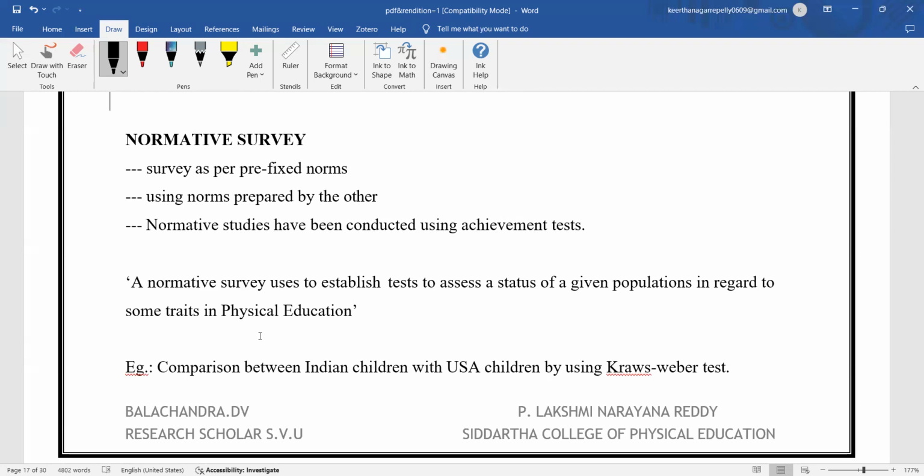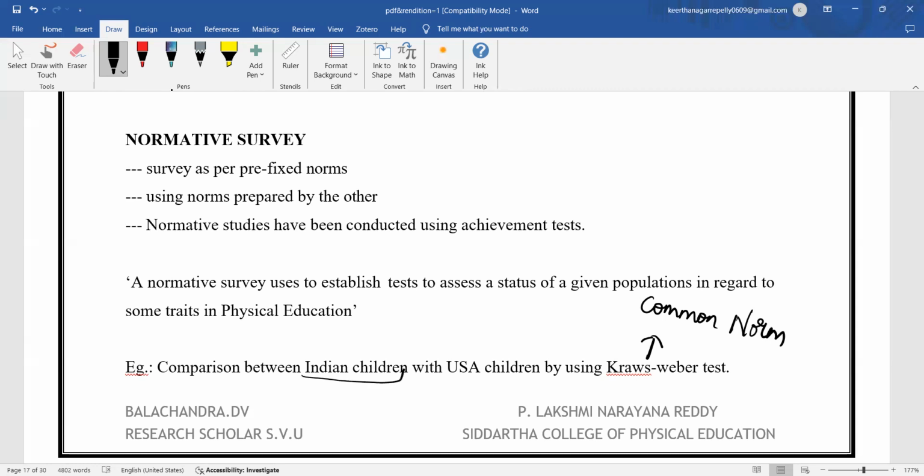Now here, the Cross-Weber test is a fitness test. The Cross-Weber test is a norm here. So this is the common norm.